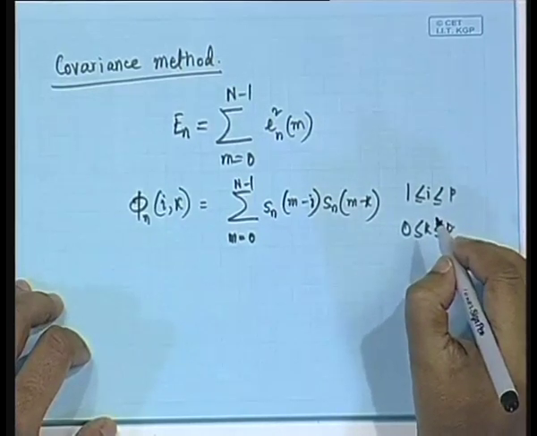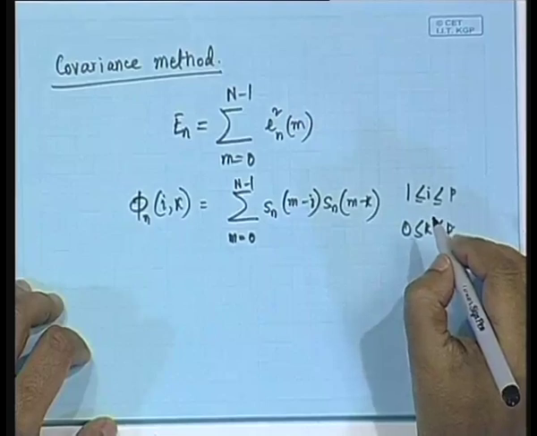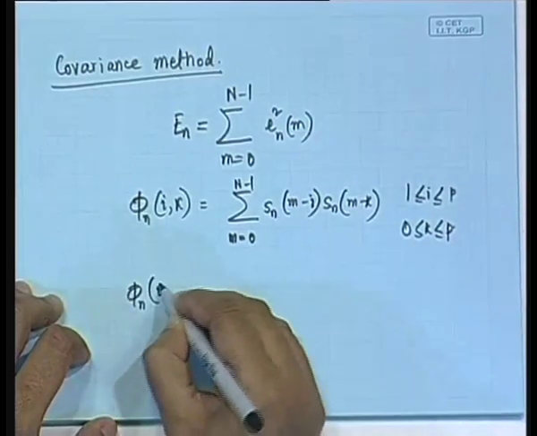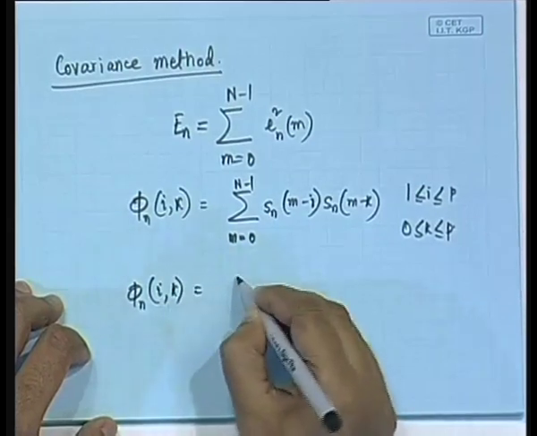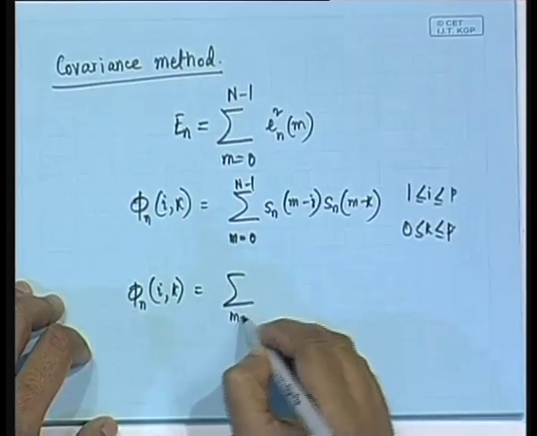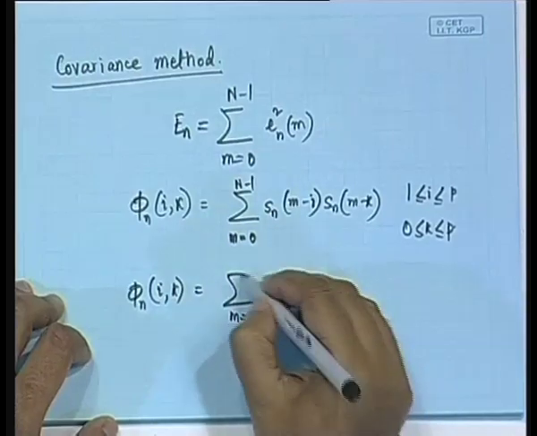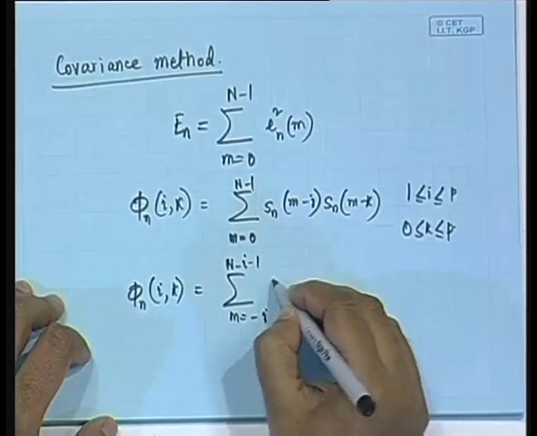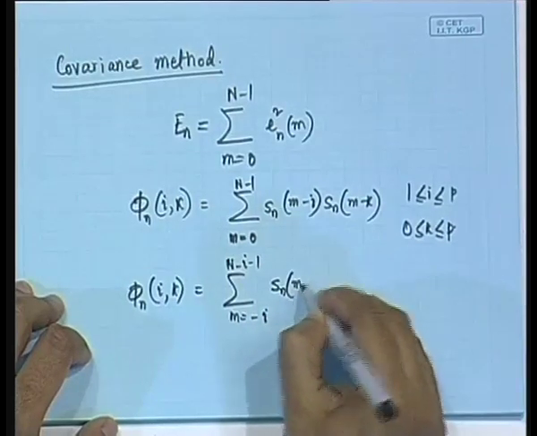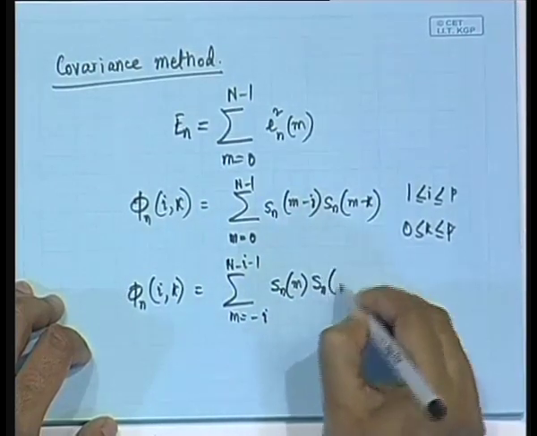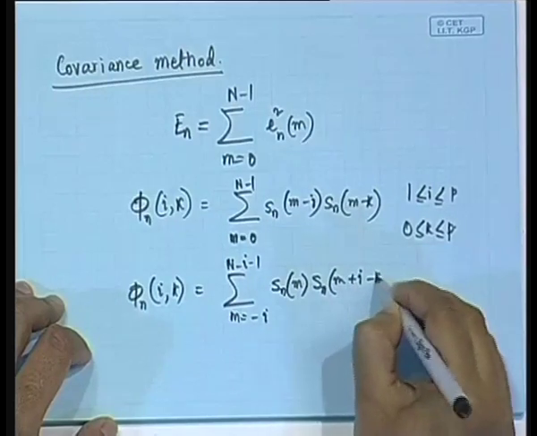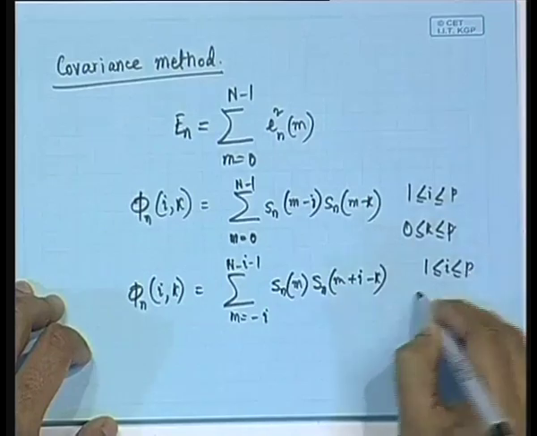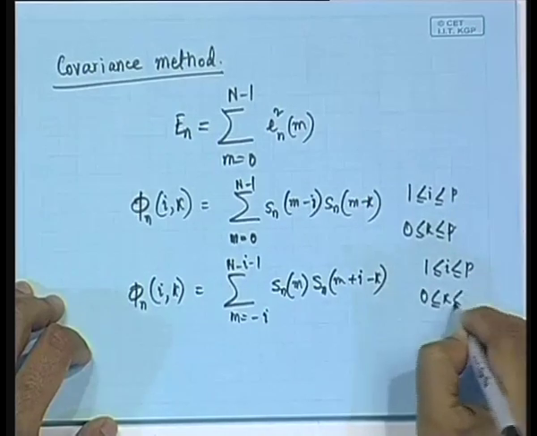And if we change the index of summation, in that case we can write phi n I k to be equal to the summation m is equal to minus I to n minus I minus 1 of S n m into S n m plus I minus k, I from 1 to p, k from 0 to p.